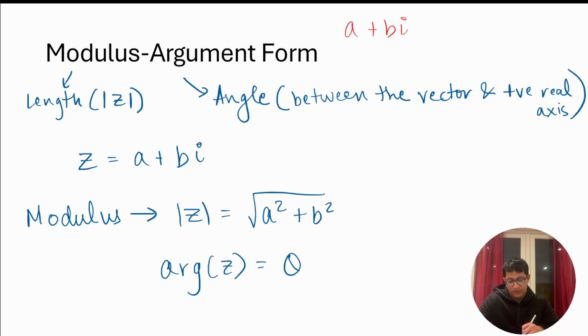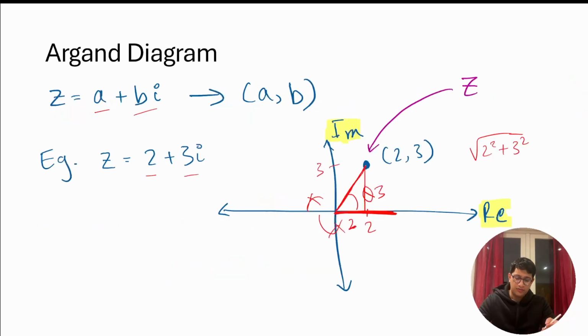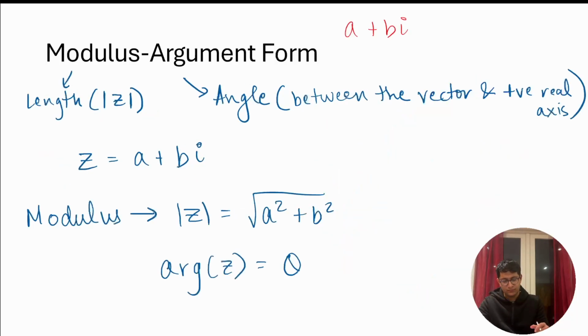And the argument, you can work out using trigonometry as well. So in this case, theta, you're given the opposite side is 3, the adjacent is 2. So in this case, the argument of z will be tan inverse of 3 over 2, whatever that works out to be.